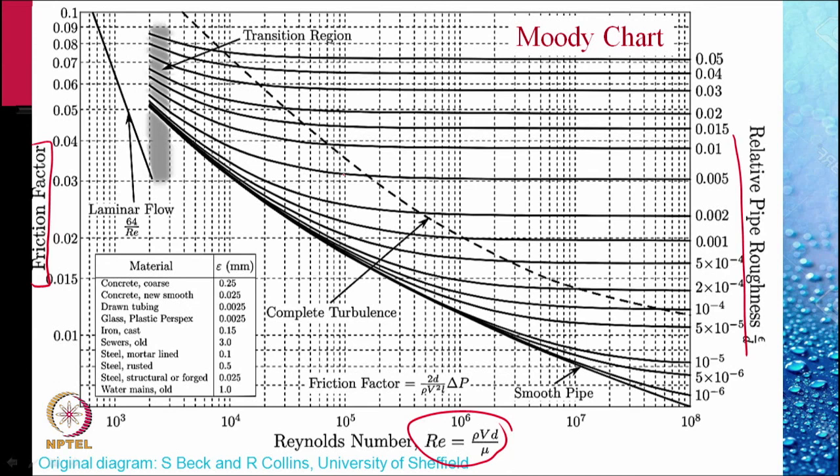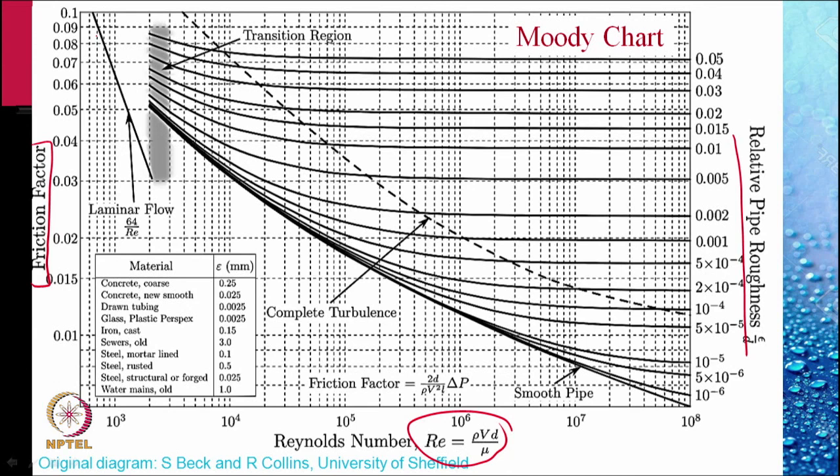You would notice a few things. On the left-hand side, laminar flow is a straight line represented by 64 by Re. Since it is a log-log plot, the relation f is equal to 64 by Re would plot as a straight line.